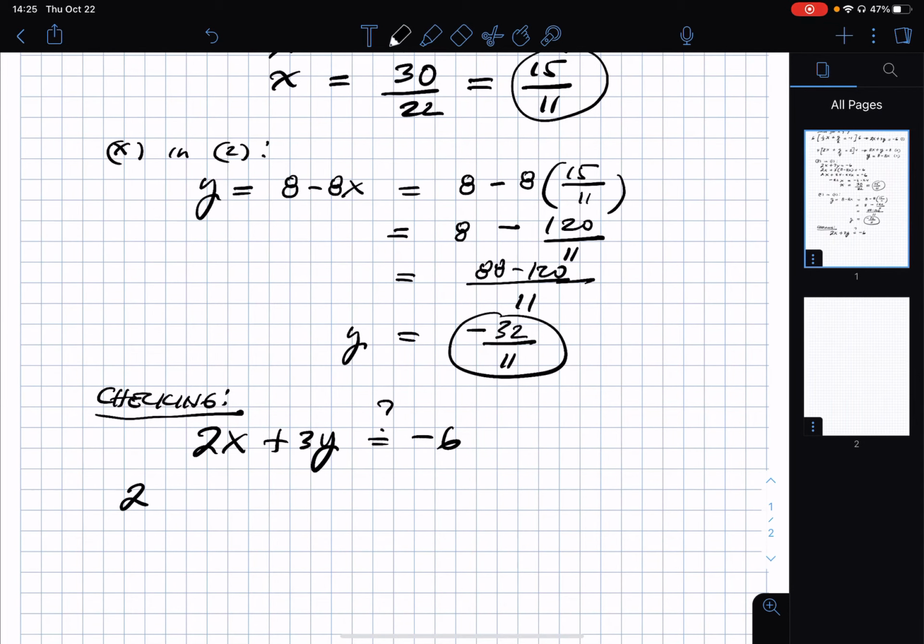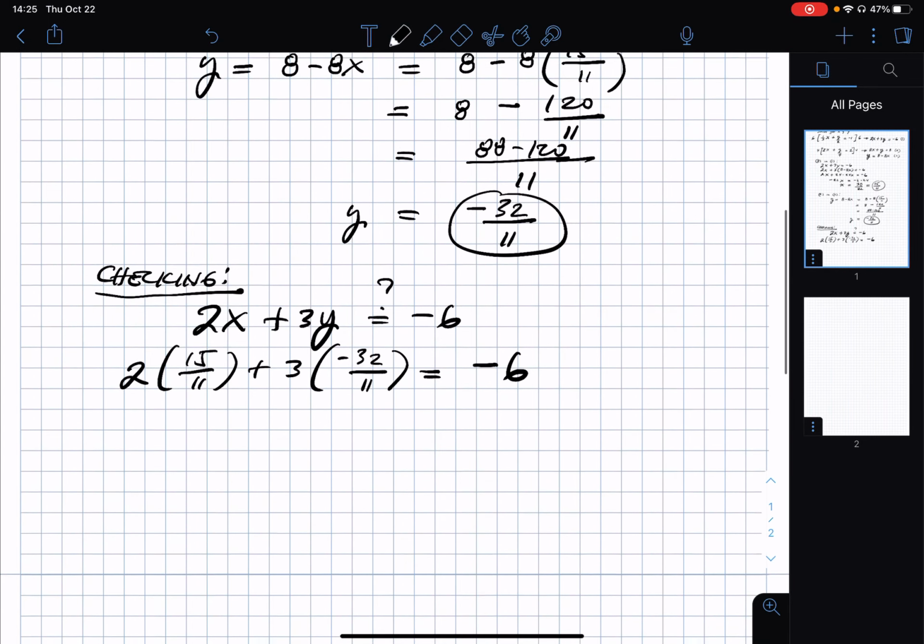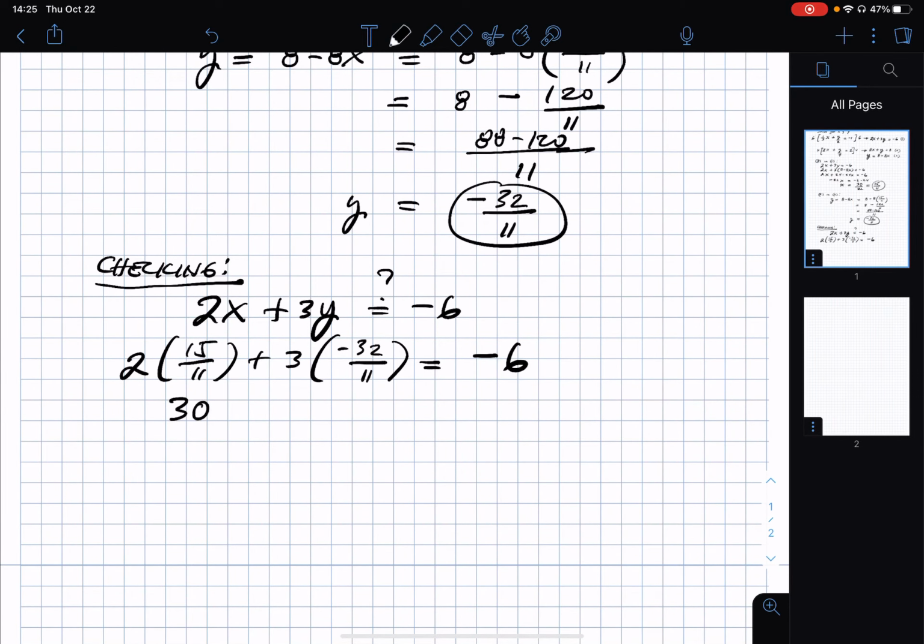That will be 2 times x, which is 15 over 11, plus 3 times the value of y, which is minus 32 over 11. Is it equal to negative 6? Simplifying terms, that will be 30 over 11 minus 96 over 11. 30 minus 96 is negative 66 over 11, which equals negative 6.